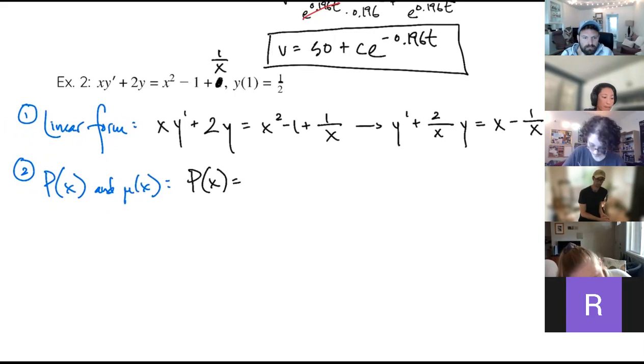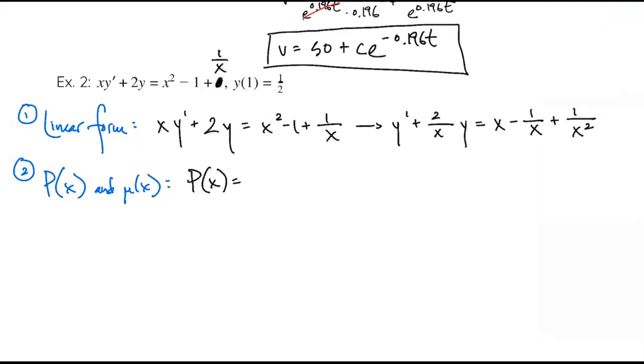What do we get for p of x? Is it 2 over x? It is 2 over x, exactly. That p of x is the coefficient for y.